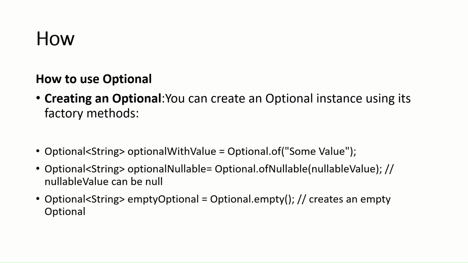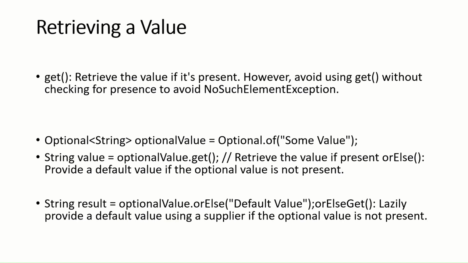Now let me go to the next slide and discuss how we can retrieve the values from an Optional variable. The get method retrieves the value if it is present. However, avoid using get without checking for presence to avoid NoSuchElementException. So make sure that only when the Optional variable contains a value, then you go and use the get.